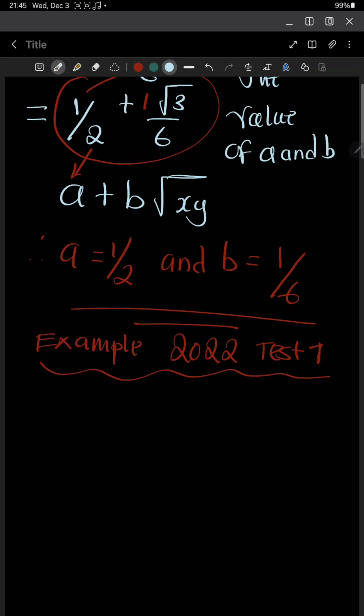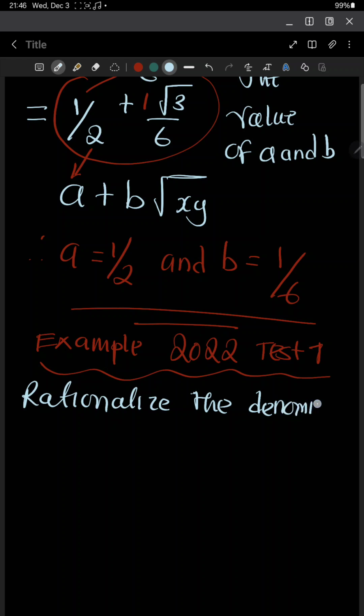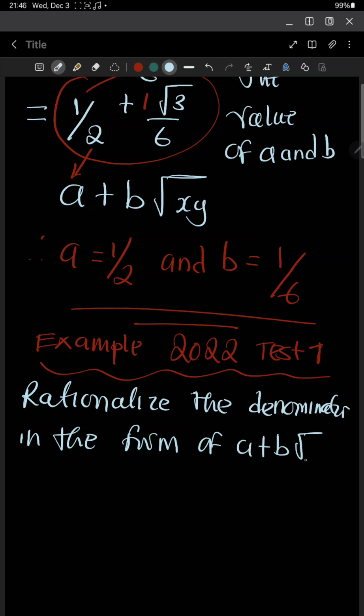So the question was that we need to rationalize the denominator. They are saying rationalize the denominator in the form of A plus B square root of xy. So this is our question.